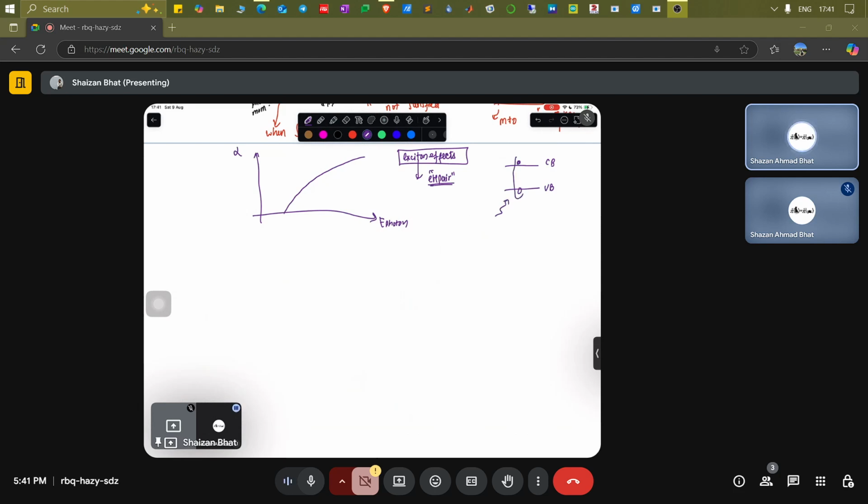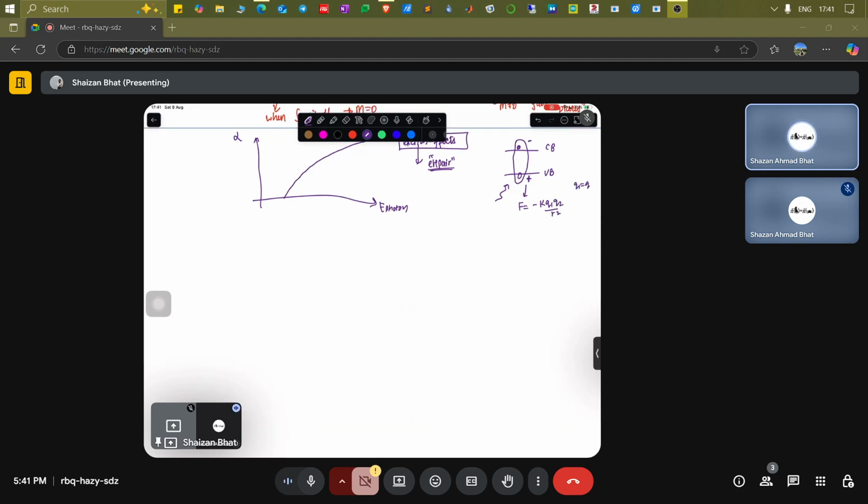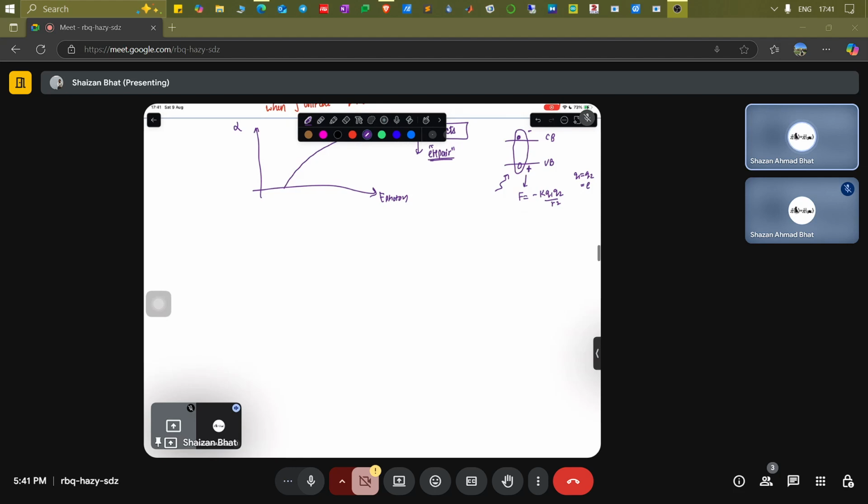But because of certain Coulombic interactions, because of the negative charge and the positive charge of the hole, there are Coulombic forces. So you know the Coulomb force is given by some minus K Q1 Q2 by R square. Here Q1 and Q2 are equivalent to the electronic charge because the charge of electron and hole is similar except that there is a sign difference. So you can write it as E square divided by 4 pi epsilon R square, which is basically the force. So this will be the Coulombic force between the electron and the hole.